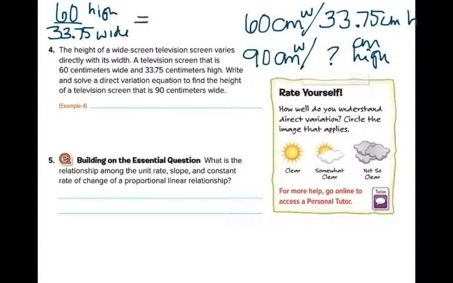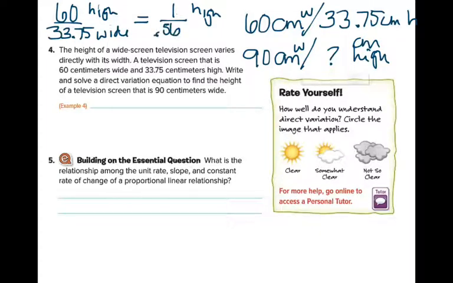Okay. I want this, if I can make this 1 centimeter high, that gives me some sort of unit rate that I can use. So 60 divided by 60 gets me 1. So 33.75 divided by 60 gives me 0.56.